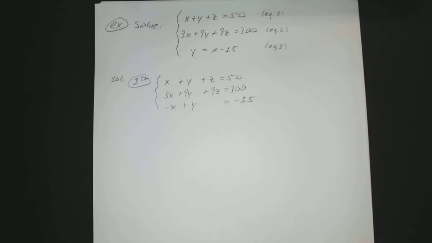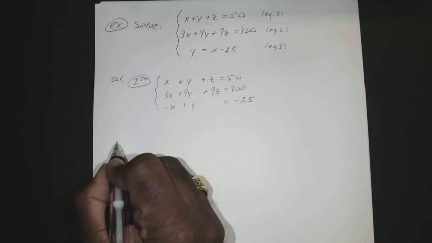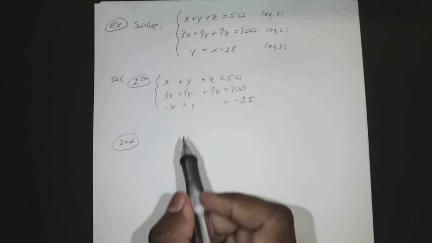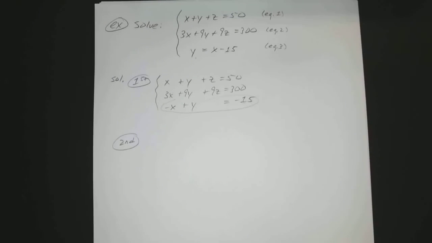Now, the reason this is easier is because, remember, steps 2 and 3 are to eliminate a variable. You just have to pick 2 and eliminate a variable. For the second step, you already have one with an eliminated variable. The z is already eliminated, so it cuts back on a whole lot of work.